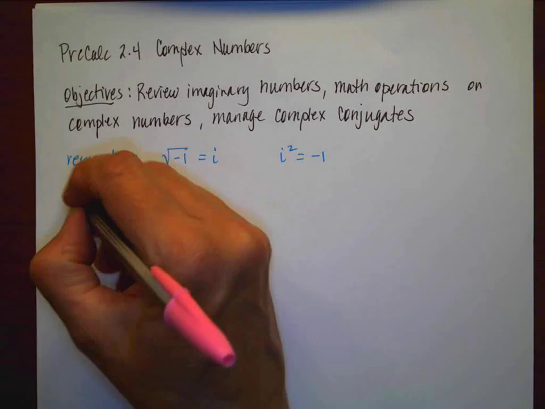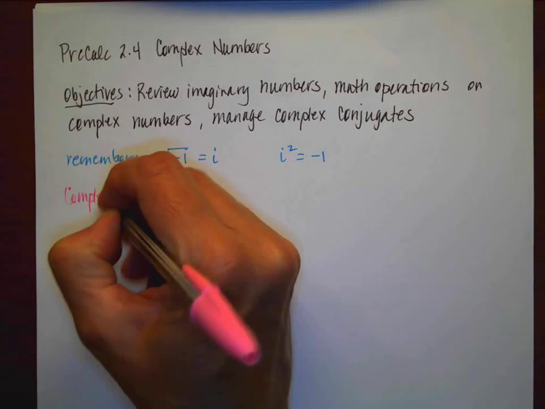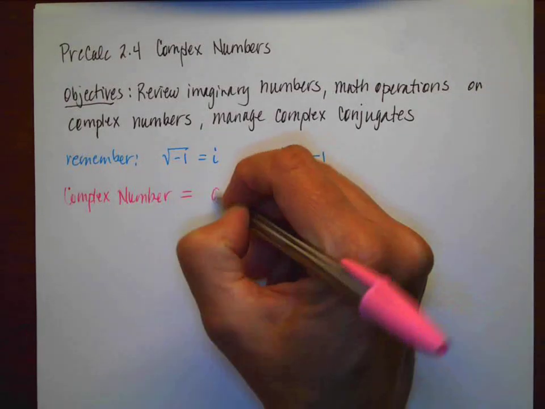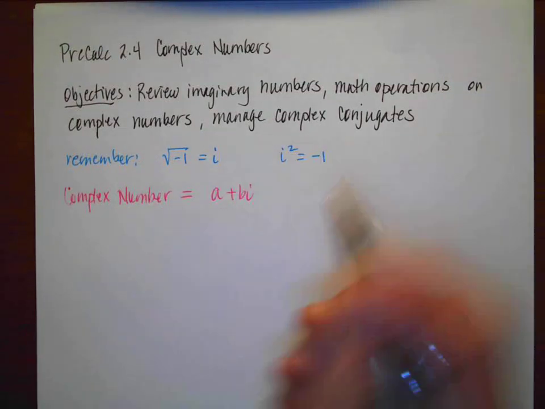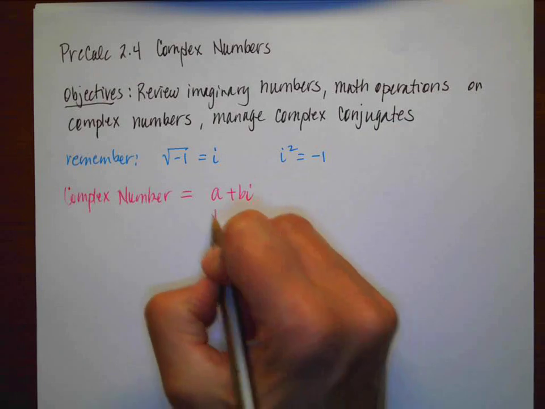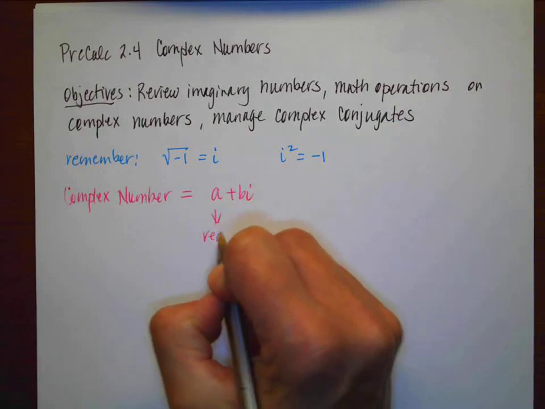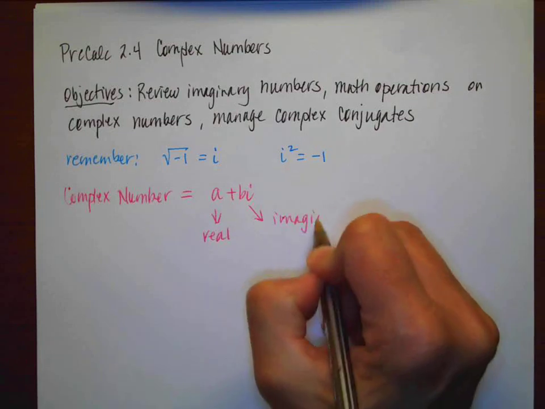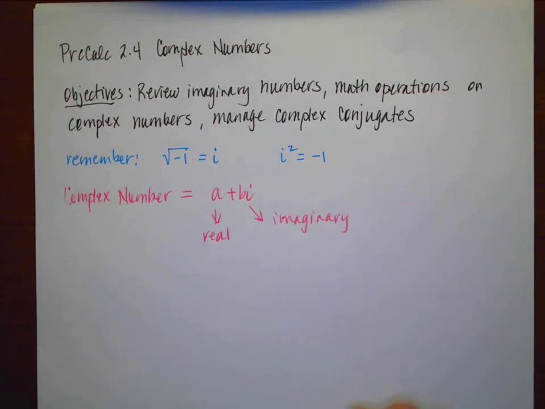So a complex number is going to be a + bi. And if you'll remember, a is the real component and bi is the imaginary component, okay?